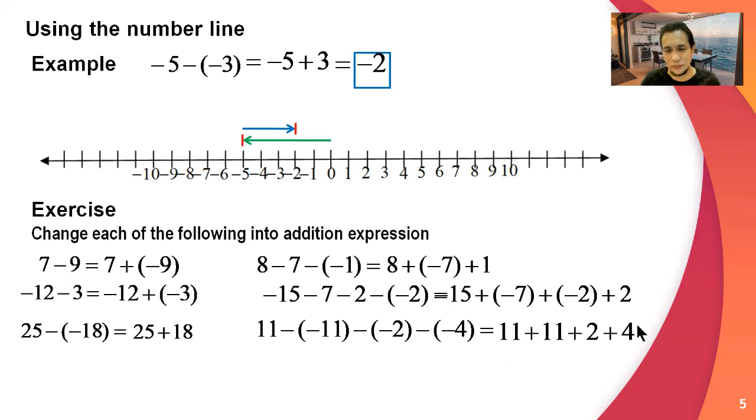So combine. All the integers are positive, so the answer will be positive. All you have to do is add: 11 plus 11, that's 22, plus 2, 24, plus 4, it's 28.